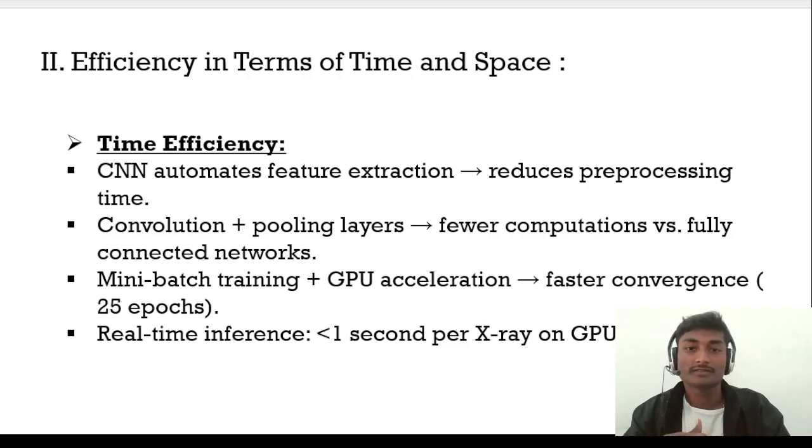The convolutional plus pooling layers need fewer computations versus fully connected networks. Mini batch training plus GPU acceleration: with high level GPUs like NVIDIA's 5040, H100 and A100, we can step up the performance of our model. Real time efficiency is 1 second per X-ray on GPU. Let's move into the next slide.